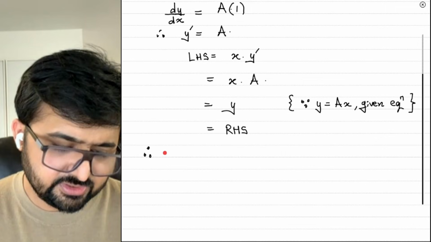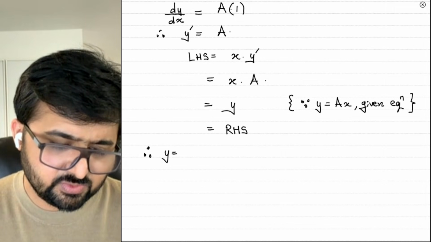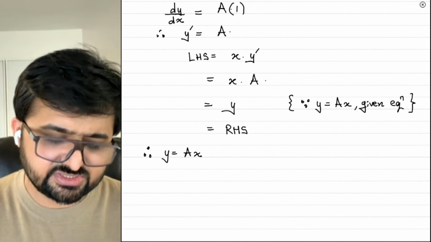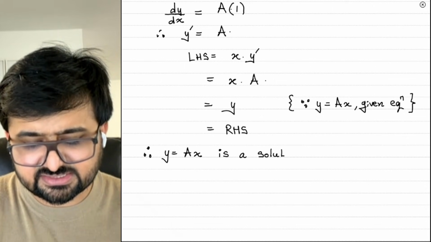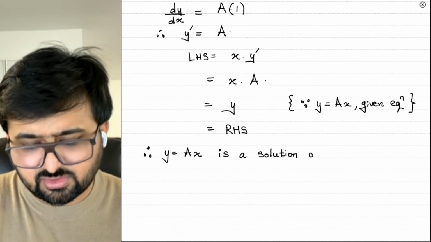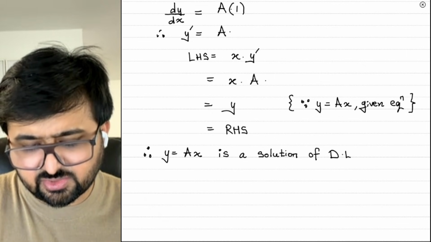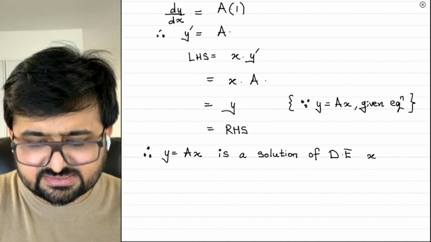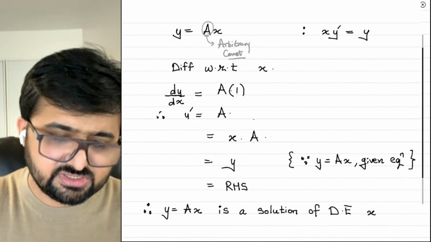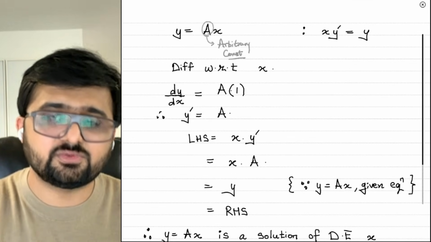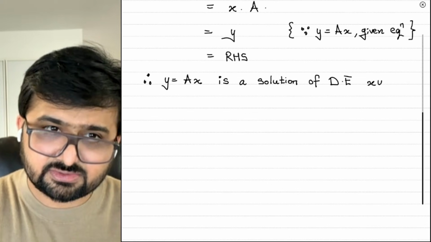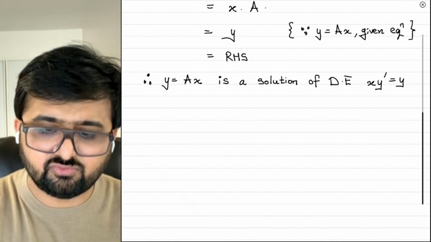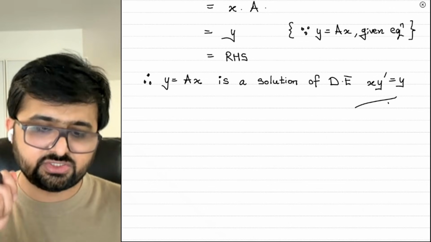Therefore, y is equal to ax, which is the equation that is given to us, is a solution of the differential equation x y dash is equal to y. So we write that as x y dash is equal to y. This is what you have to write in exam in order to get full marks.